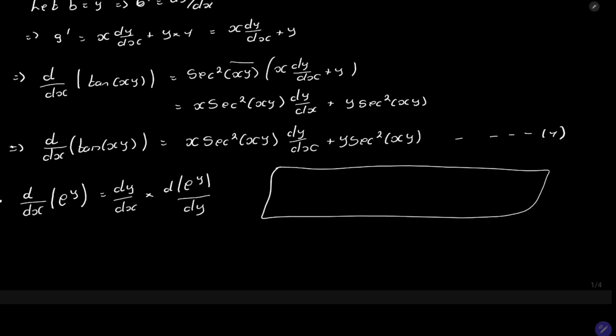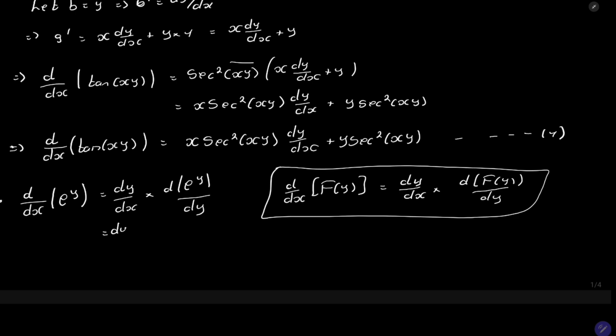This is evident from the formula: the derivative with respect to x of any function of the form f of y, that is, any function dependent on y, is dy on dx times the derivative of our function with respect to y.